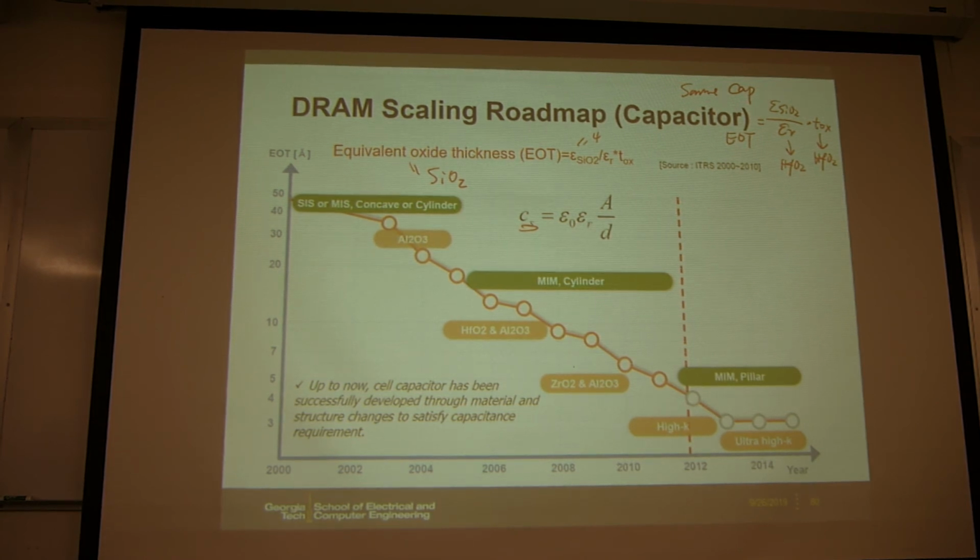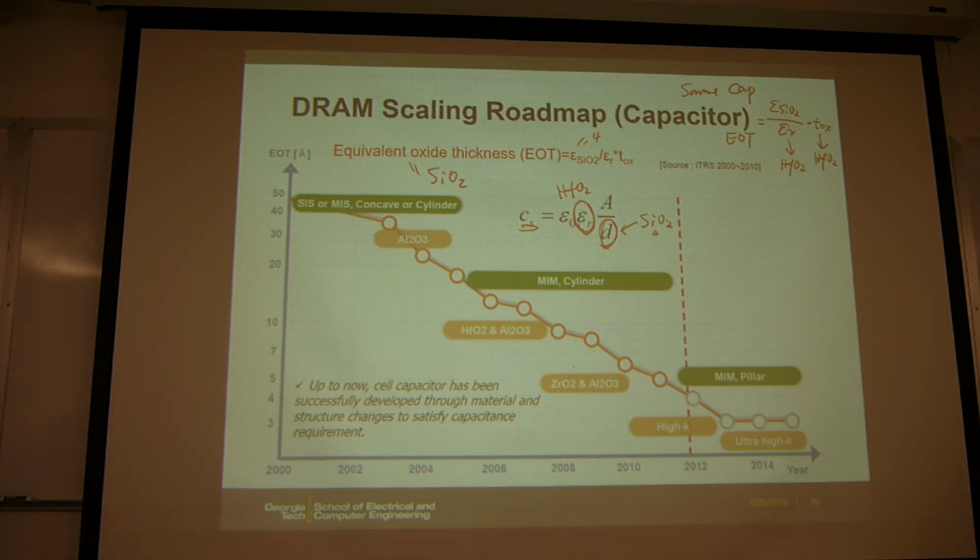It's like you are using a higher K value. It's the same as shrinking the D value if you keep using silicon dioxide. So if you are using another material with a higher K value, it's the same effect as using silicon dioxide but with smaller thickness. So that smaller thickness is called the EOT, equivalent oxide thickness.